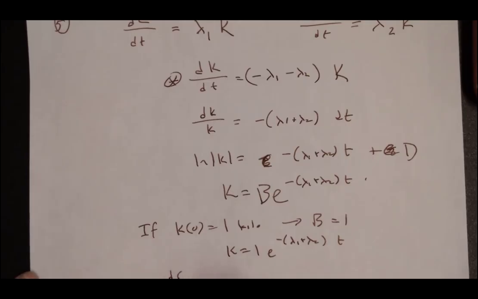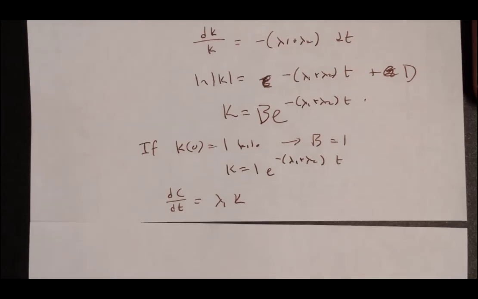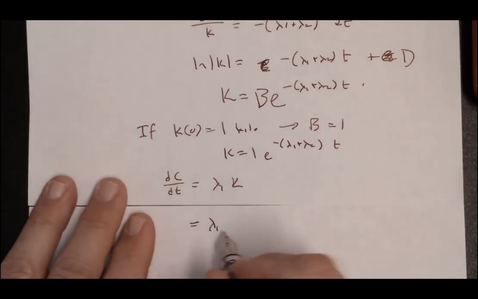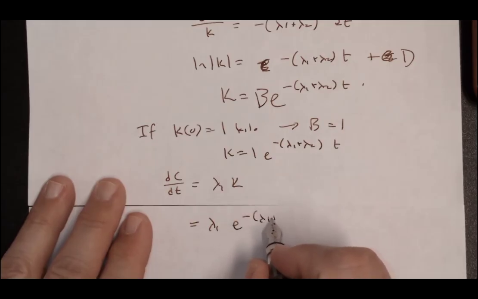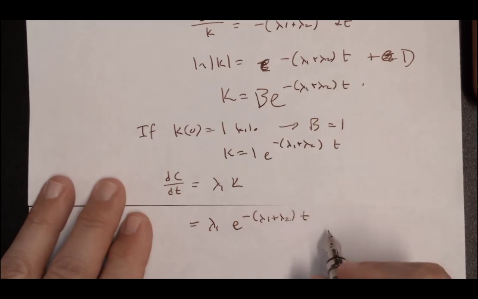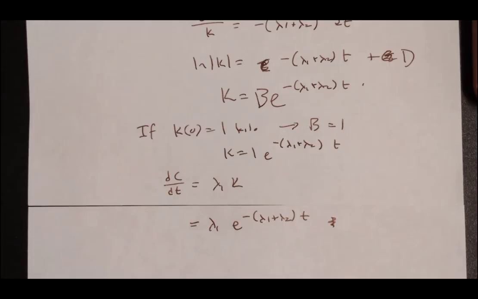dC/dt is equal to lambda 1 K. I explicitly have an equation for K, which means I can just integrate, solve for C. What's C?